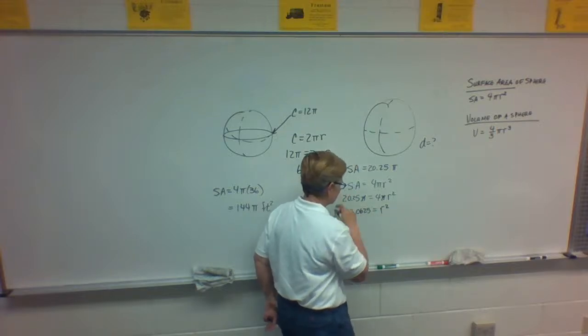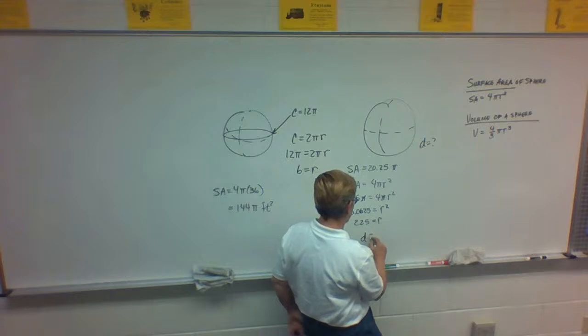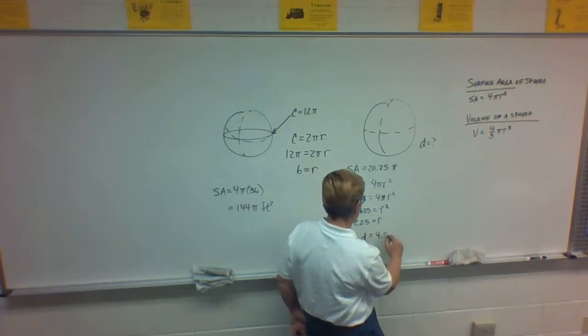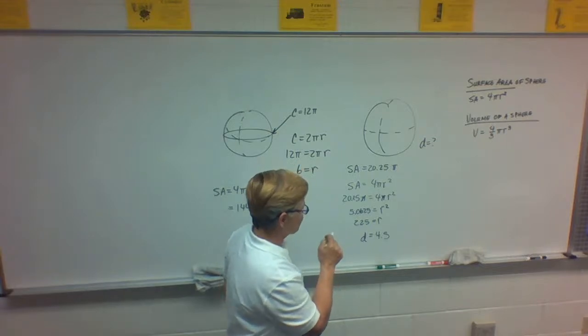Now take the square root of that to get r. 2.25 equals r. And so the diameter is what? 4.5, twice that.